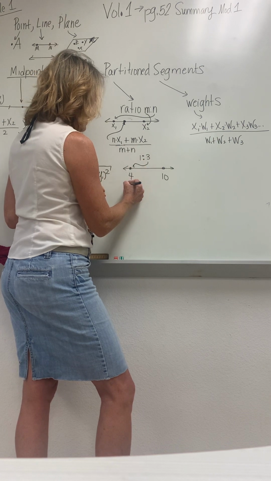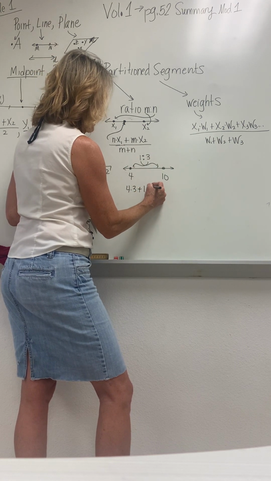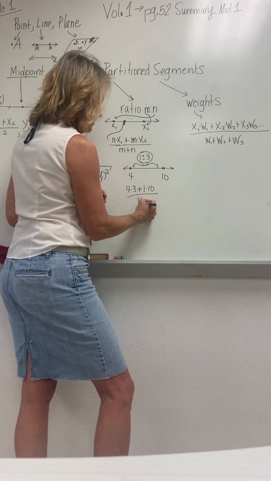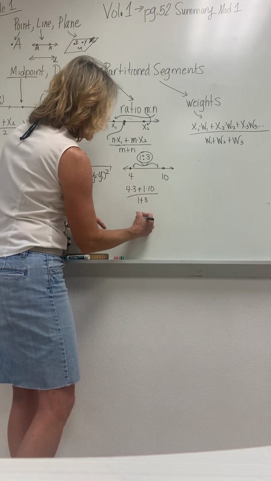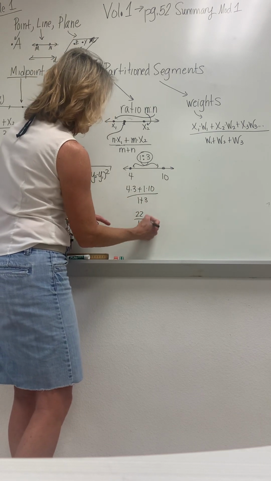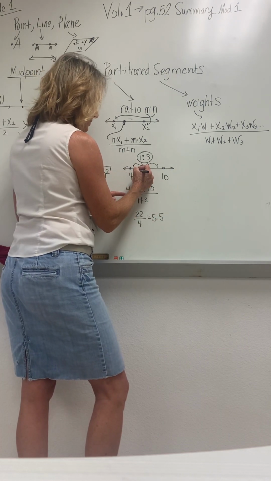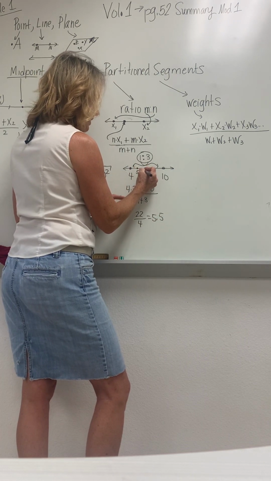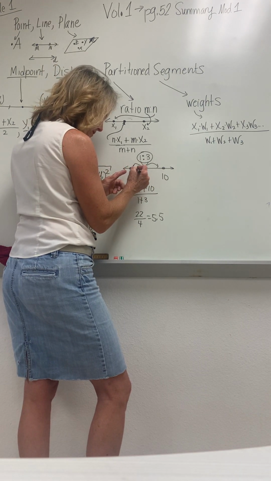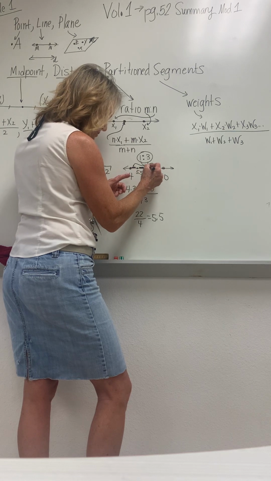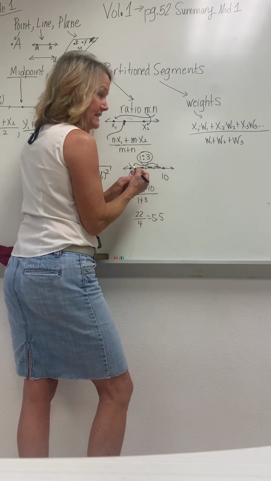So you're going to multiply 4 times 3, the 1 times the 10, and add the 2 numbers of your ratio together. So we've got 12 plus 10, that's going to be 22 over 4, which is 5 1/2. So that point would be located here at 5.5, which visually makes sense, right? One part between 4 and 5.5, and then we would have 3 equal chunks between 5.5 and 10.